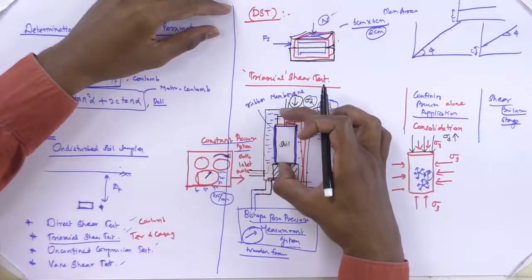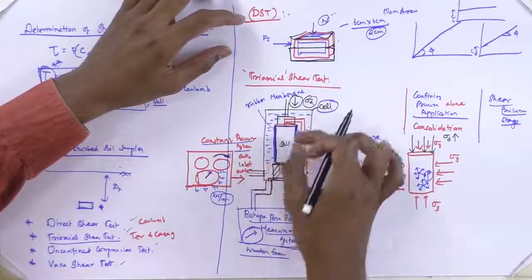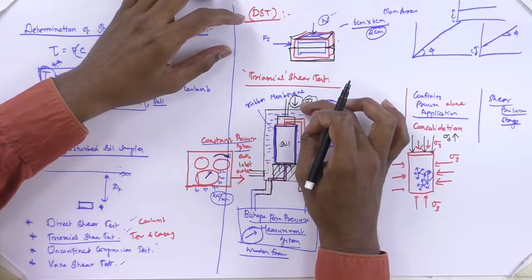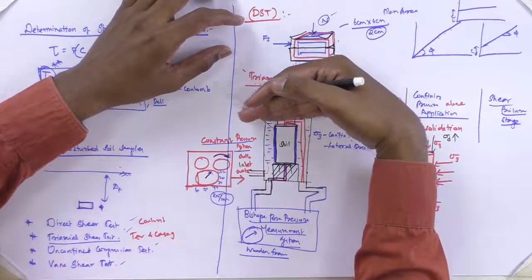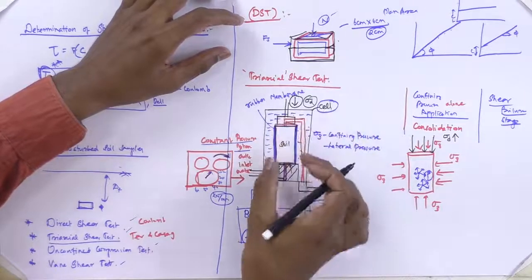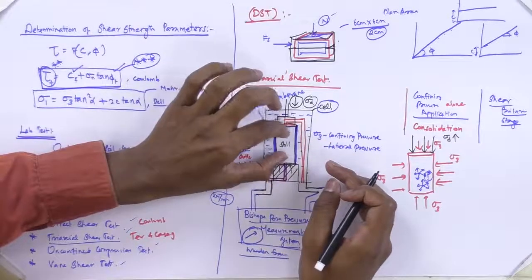Apart from the confining pressure, this is a deviating stress applied by the proving ring concept. The deviating stress is subjected to the vertical direction only, while the confining pressure acts as well. This deviating stress is going to compress the soil.